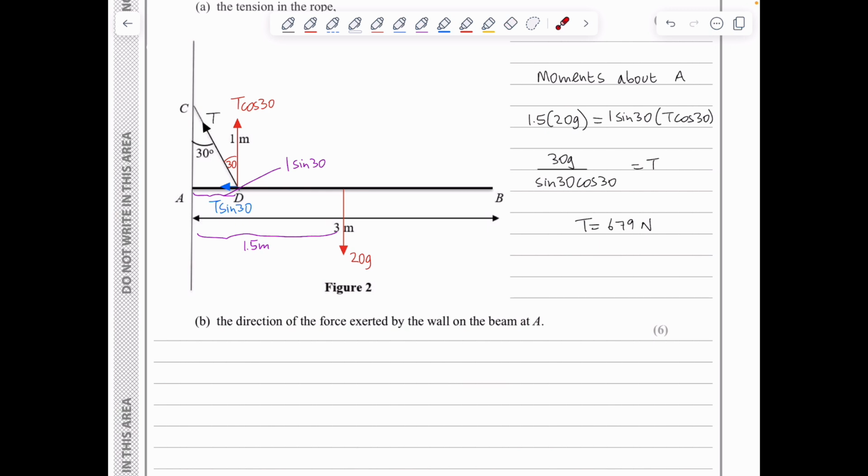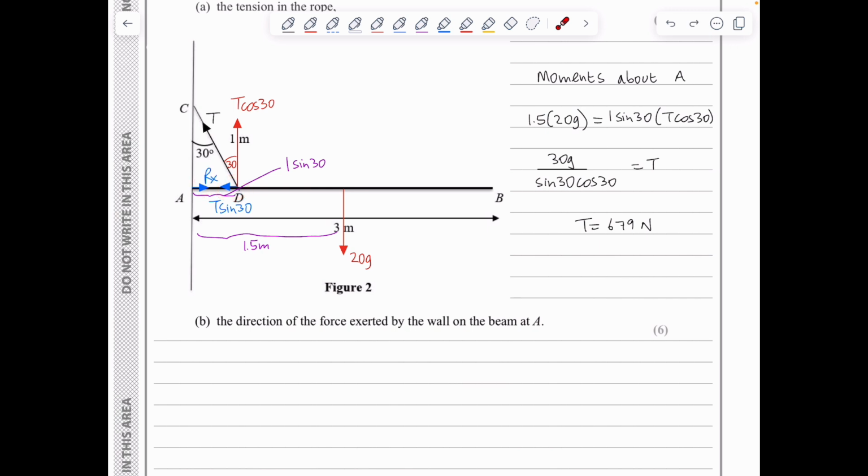In part B, we're asked to find the direction of the force exerted by the wall on the beam at A, and in order to do that, I'll go back to my diagram here and add the forces acting at A. Obviously, there must be a horizontal component pointing to the right to essentially balance off the T sin 30, so I'll call this Rx.